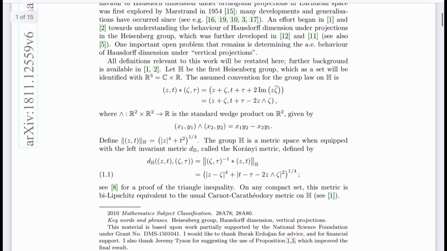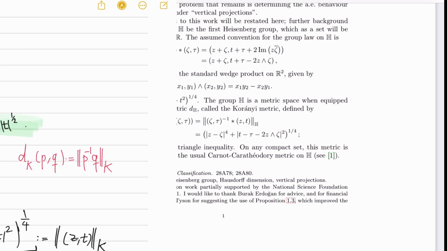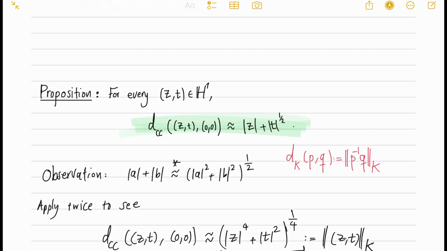Everything here is done with the Koranyi metric, and that is enough for the purpose of this paper because it's a study of dimension, which is invariant under bi-Lipschitz changes in metric. The definition of the Koranyi norm is very explicit, and the Koranyi metric is still bi-Lipschitz equivalent to the more intricate Carnot-Caratheodory distance.